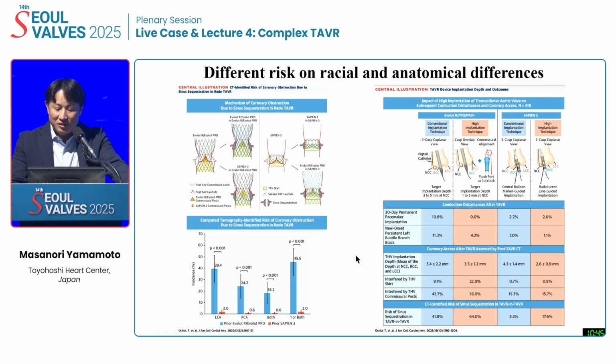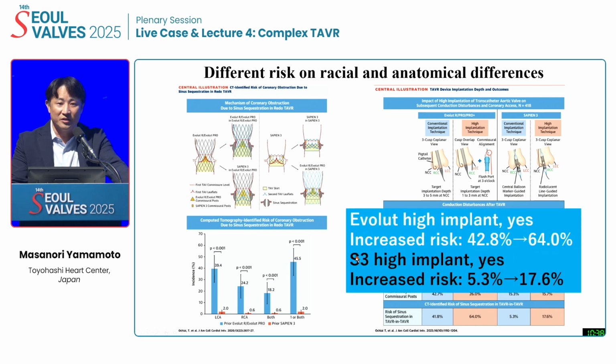As we recently tried high implantation, for example in the Evolut series, the baseline risk of sinus sequestration is 40%, but with the high implantation technique it increases to 64%.